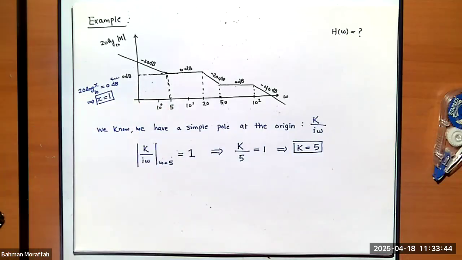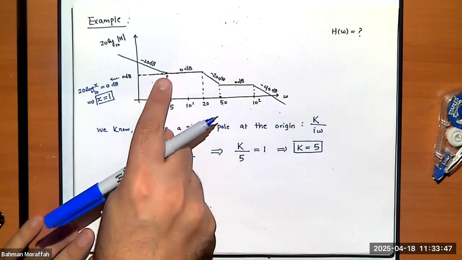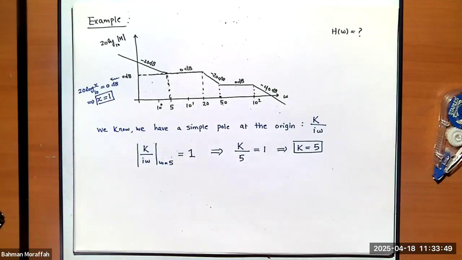Look at 5. What do we have at this 5? At this 5, we're going down by 20, but it became flat. What does that mean? It must have had something that was going up by 20, which when I added these two things, they cancel each other out.